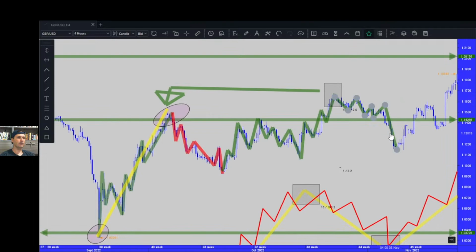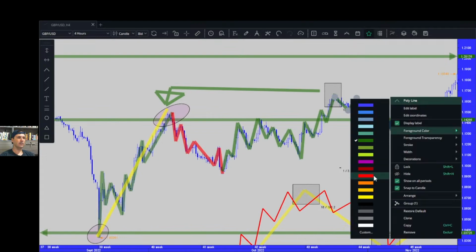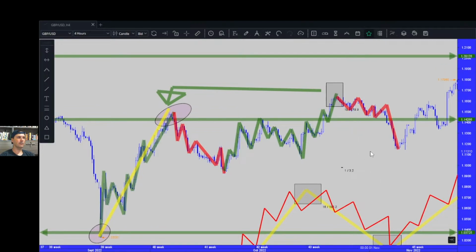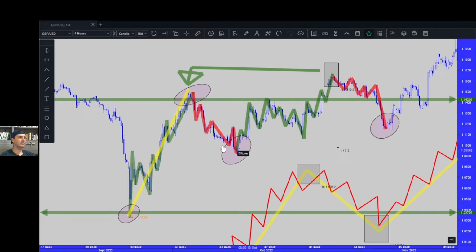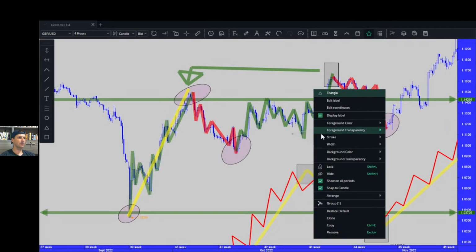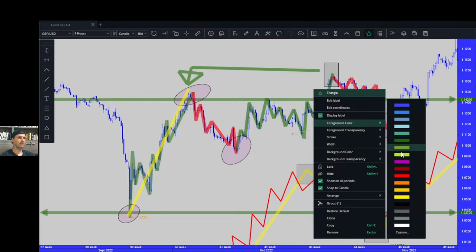Right, everybody, do we agree that we have the new lower low, lower high, lower low, lower high? Do we agree? So we have relevant low, relevant high, relevant low, relevant high, relevant low. See how easy it is for everybody to make a mistake? Triangle, it's not relevant when you chart.